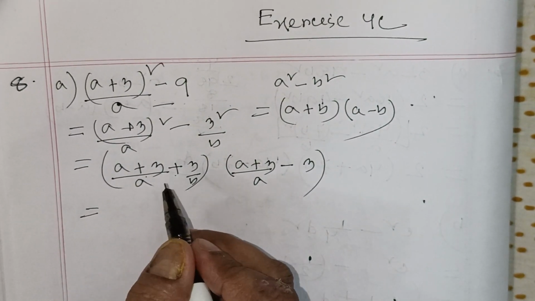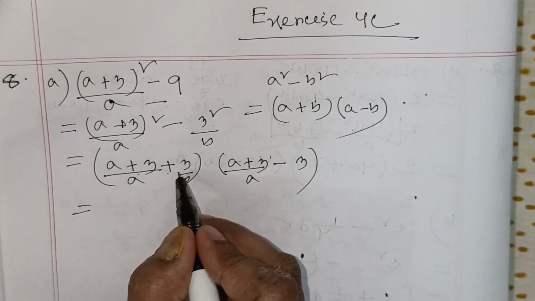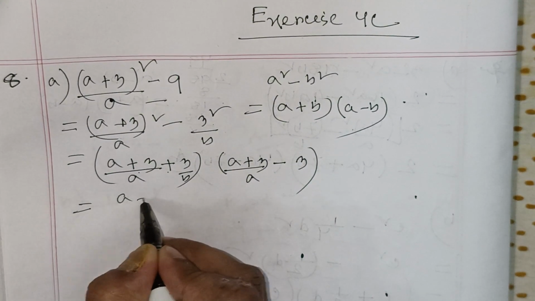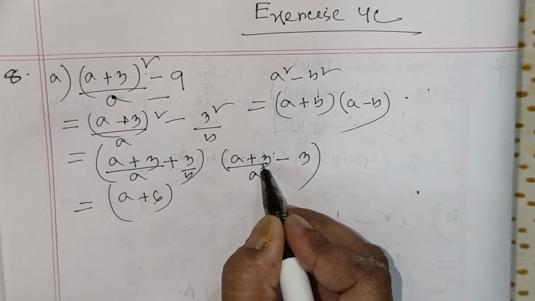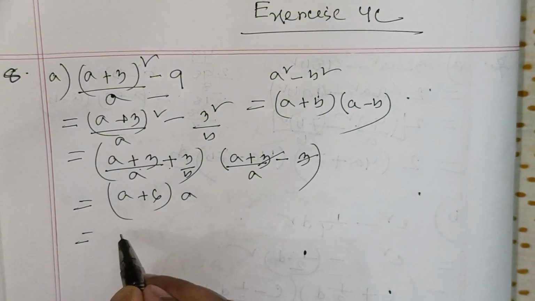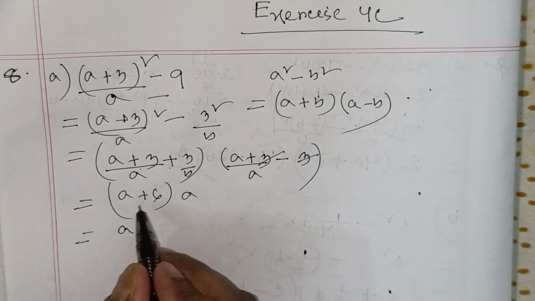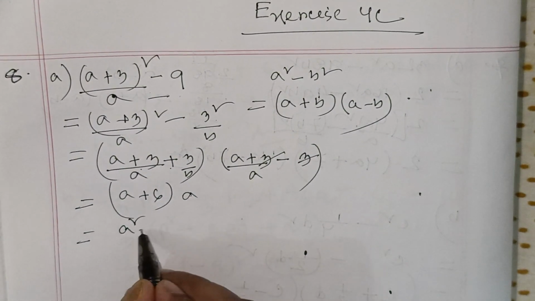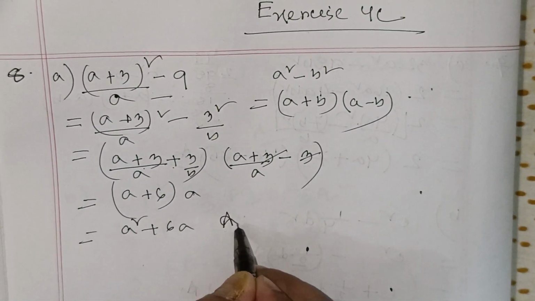Now 3 plus 3 calculates to 6, and here plus 3 and minus 3 cancel. So just a, expanding this, we get a square and 6a. That's it, this is the answer.